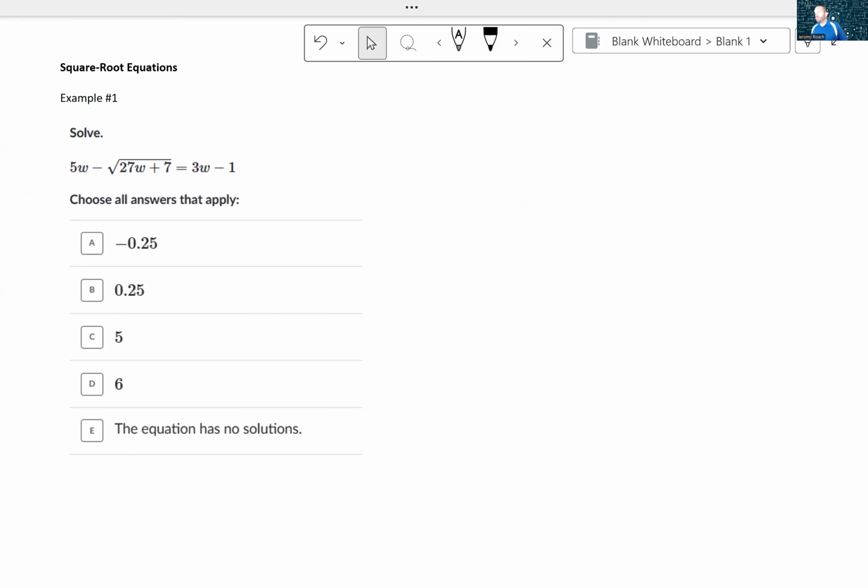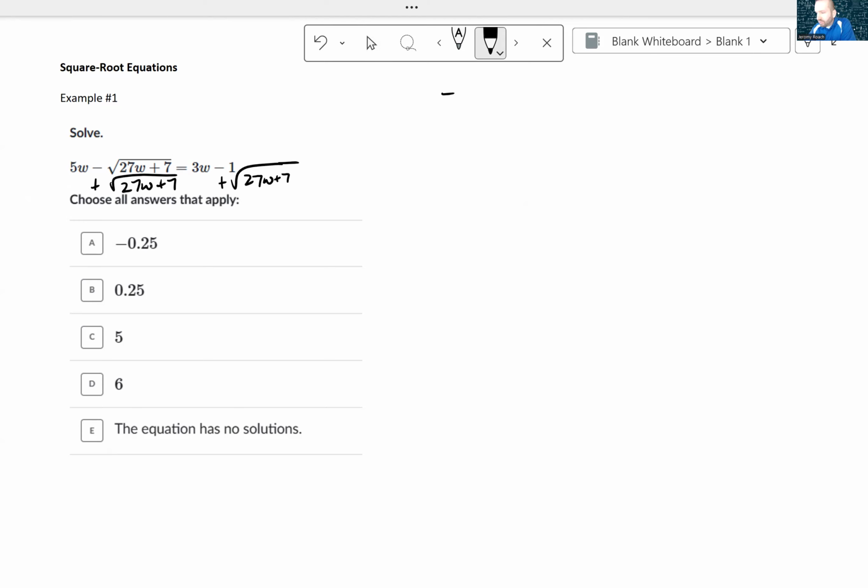So for square root equations, we want to isolate the radical. Because we're going to square both sides, if we just took everything here and squared it and everything here and squared it, that's going to give us something a little more complex than if we just had the square root by itself. So to start with, let's add all of this to both sides.